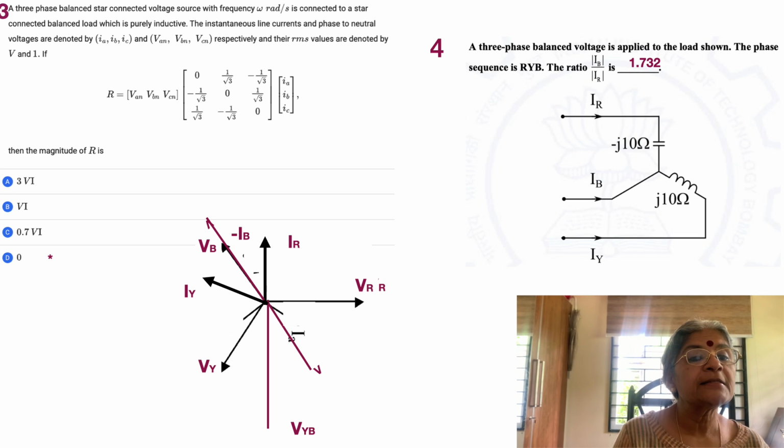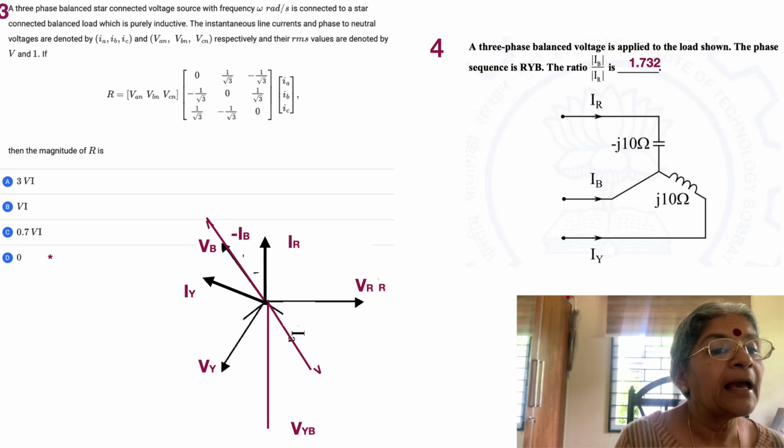Okay, the instantaneous line currents and phase to neutral voltages are denoted by IA, IB, IC, and VAN, VBN, and VCN.